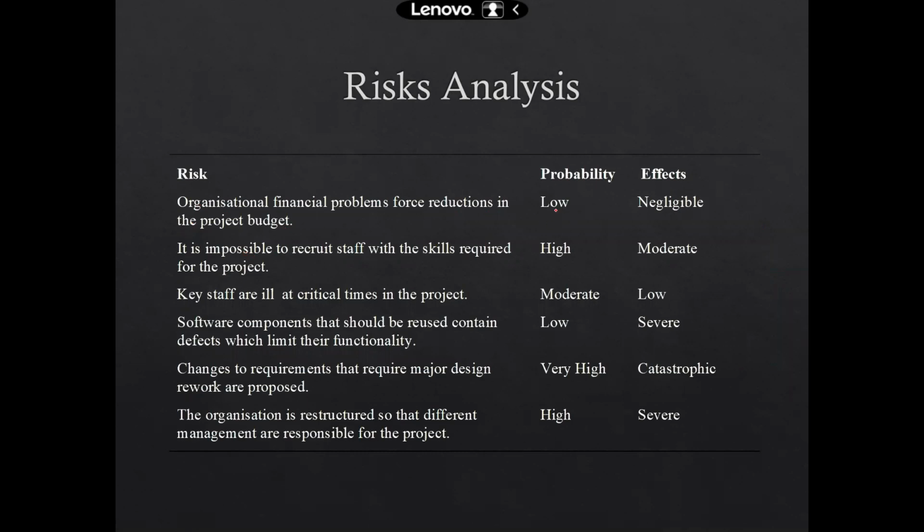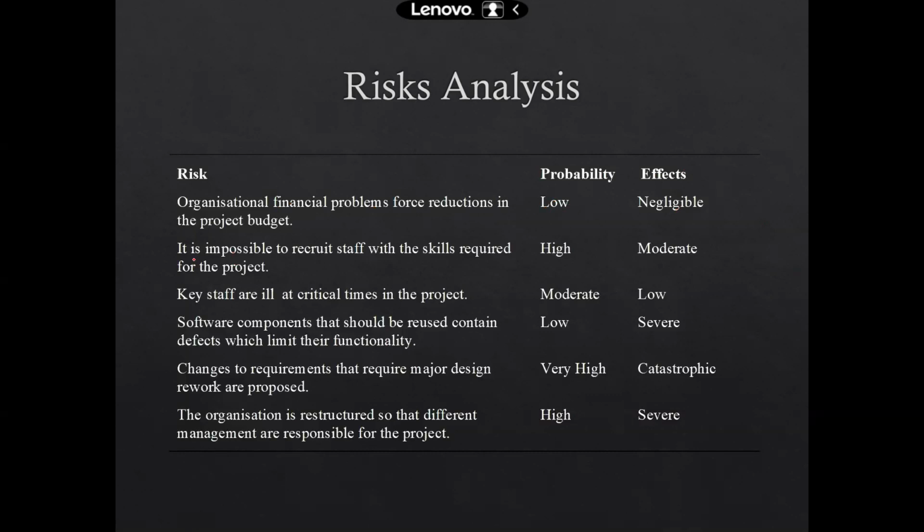So the probability of this risk happening is low. And because the probability of the occurrence of this risk is low, the effect might be negligible, right? Now, it totally depends. If the probability is low, it's not necessary that the effect should also be negligible. It can also be high.